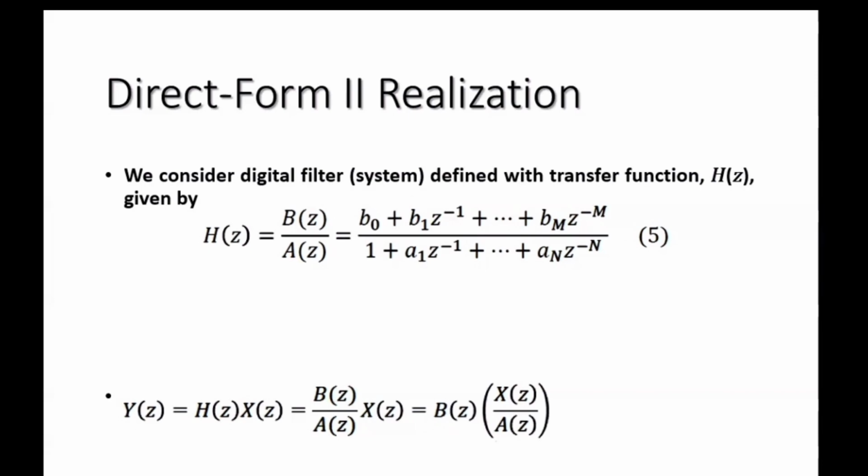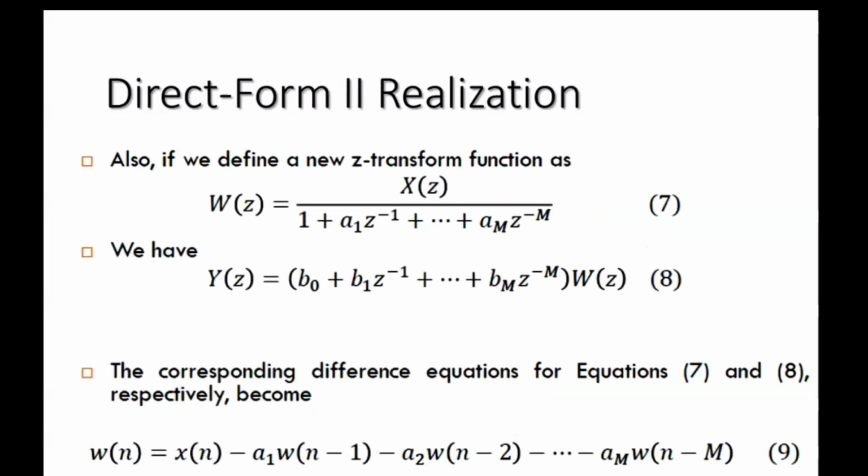So you will get Y of z is equal to b0 plus b1 z power minus 1 plus up to bm z power minus m, into W of z. At the denominator we have W of z, so if you bring it to the left hand side, you will get W of z is equal to X of z divided by 1 plus a1 z power minus 1 plus up to am z power minus m.